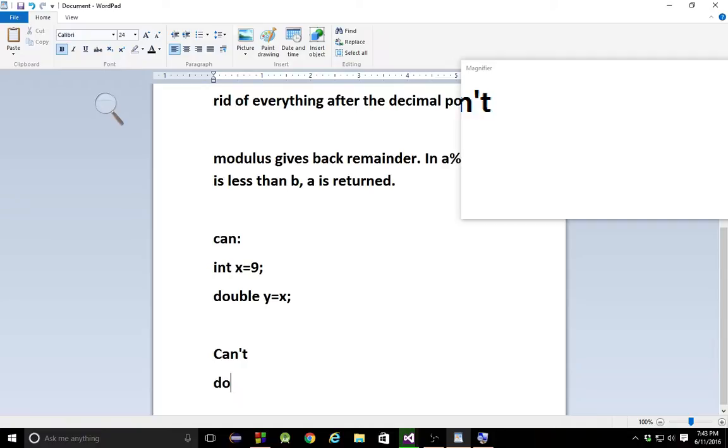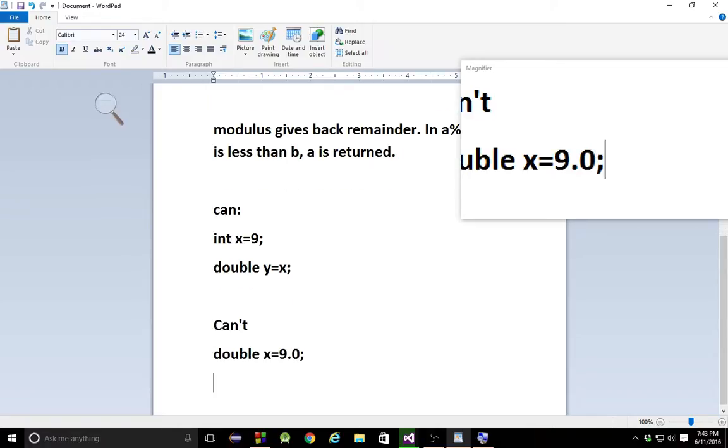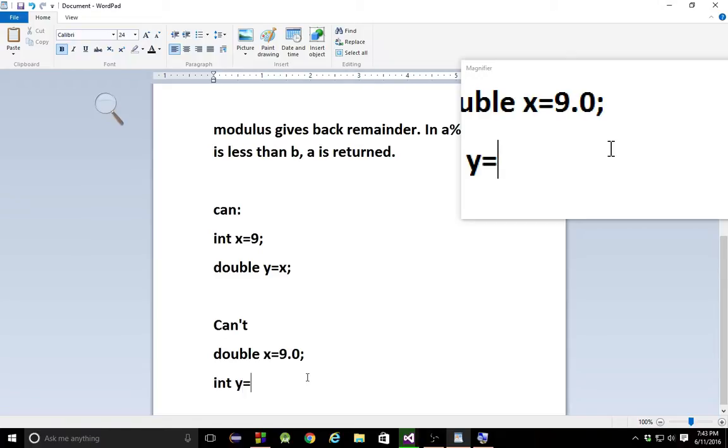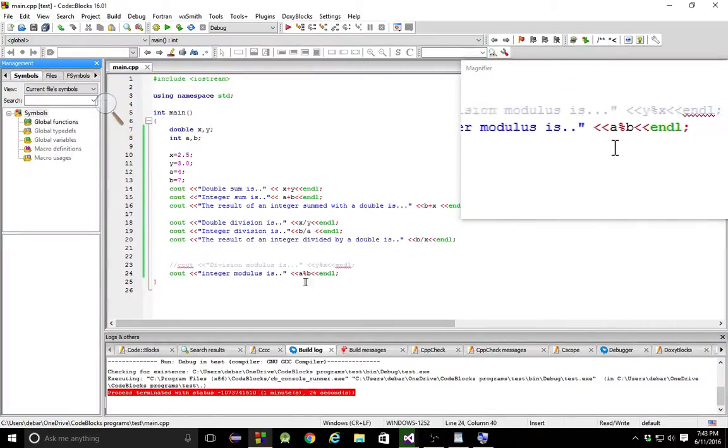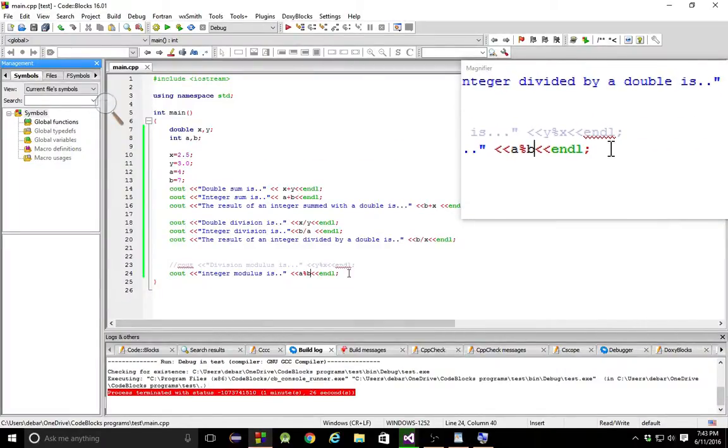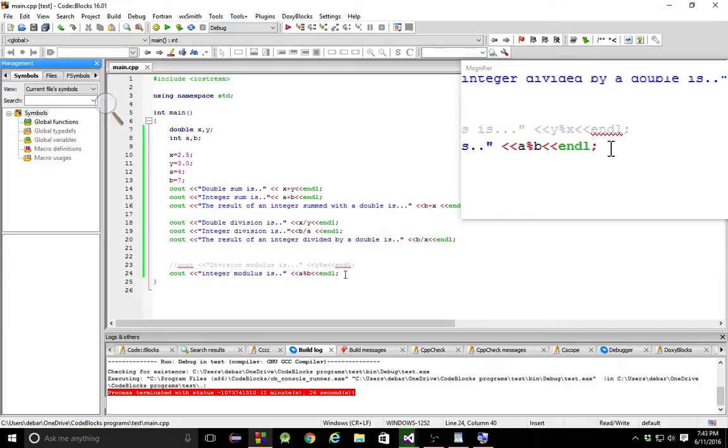is create a double variable, double x equals 9.0, and then int y equals x. Let's just test that out for a second and see what happens in C++. From my understanding, you can actually get away with it, but there can be significant bugs that come out of that.